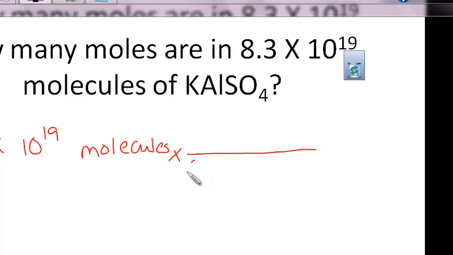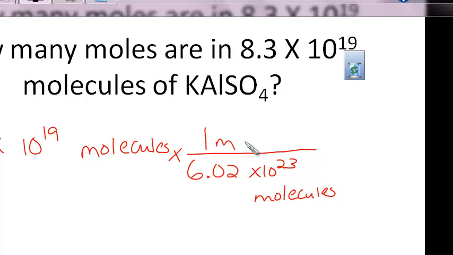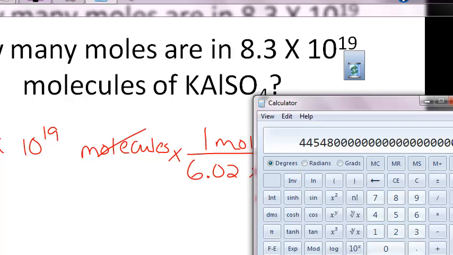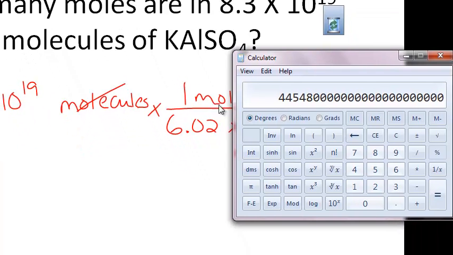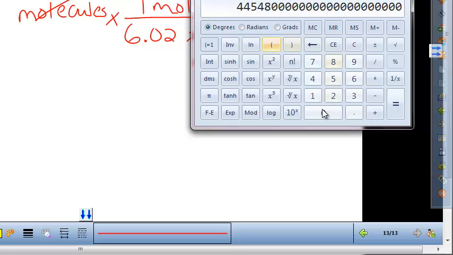So you have to put your 6.02 times 10 to the 23rd molecules on the bottom, and that's equal to 1 mole. Molecules went away. Now it's just all about the calculator. Don't forget parentheses on everything that's a number in scientific notation.